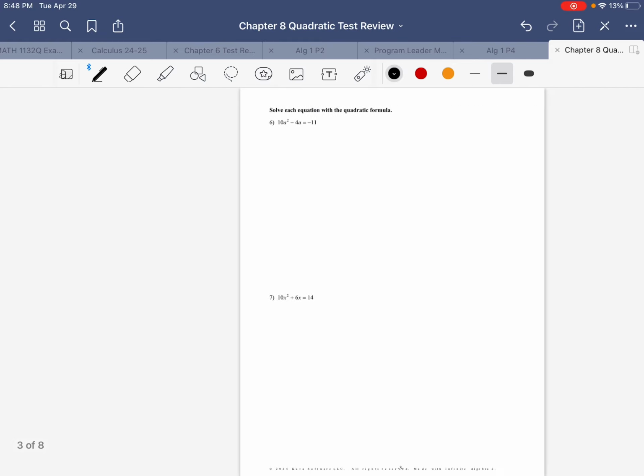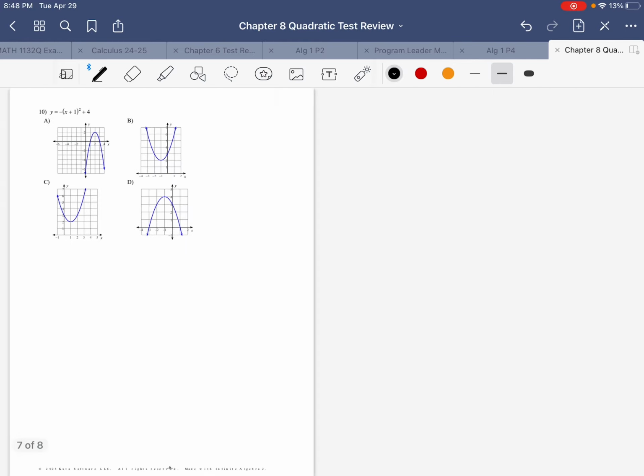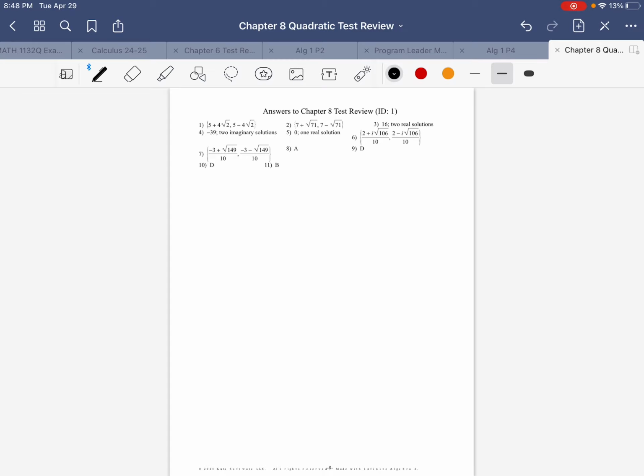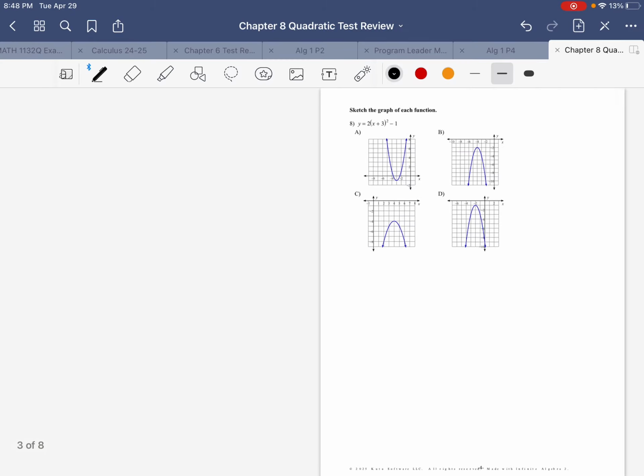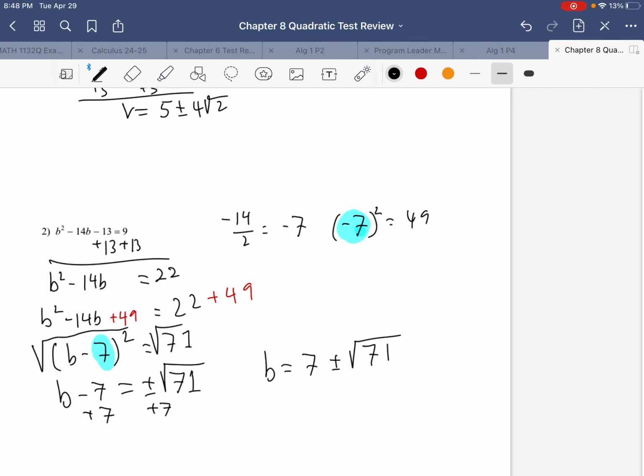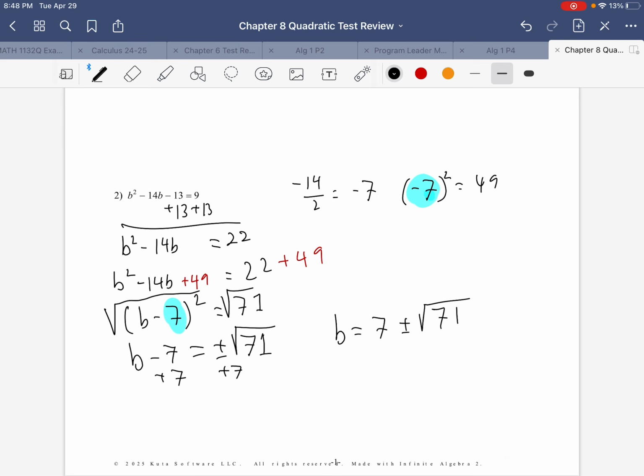I'm going to look back at that answer to make sure that I'm not supposed to simplify. Yep. Okay, so this would be my final answer. Again, this is technically two solutions, 7 minus the square root of 71 and 7 plus the square root of 71.